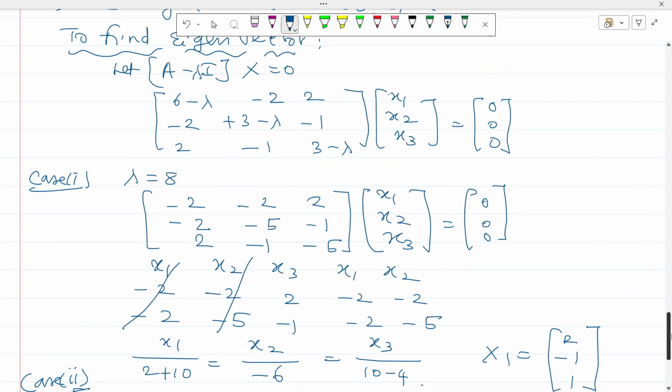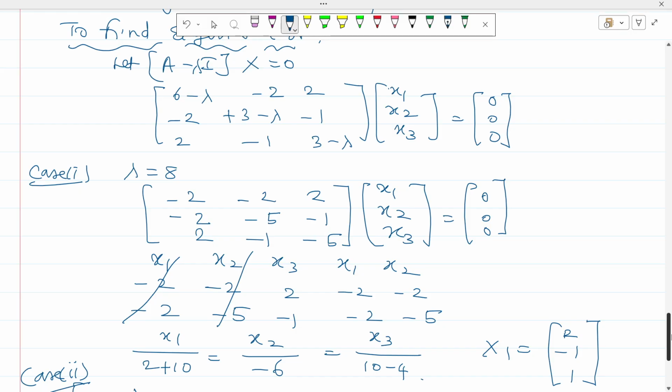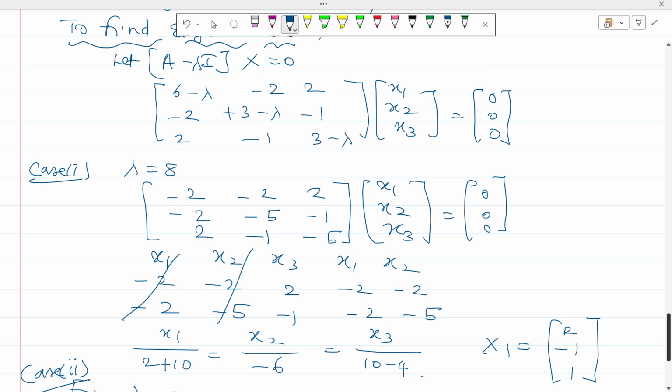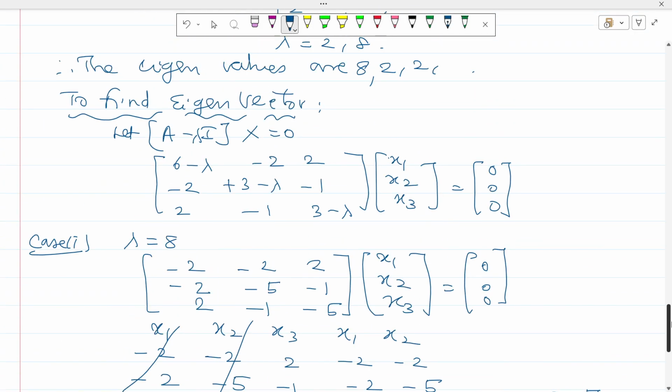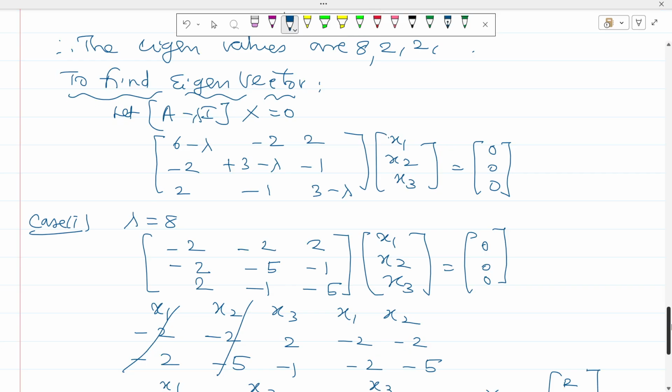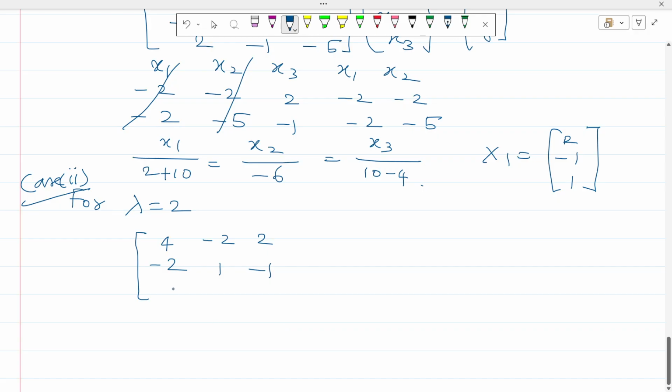Second row is minus 2 plus 3 minus 2. So minus 2, 1 minus 1. Third one is 2 minus 1 plus 1. x1, x2, x3.